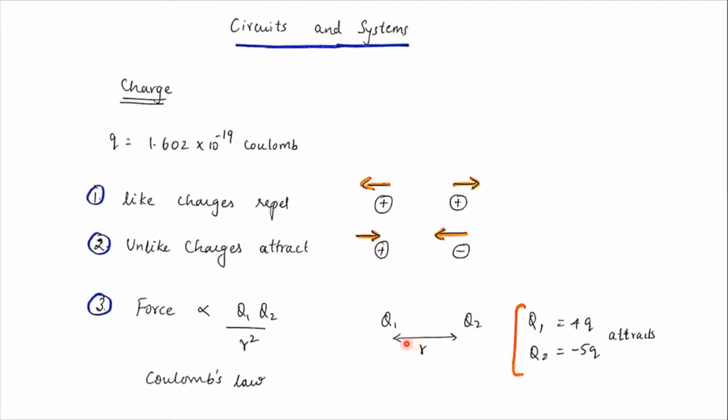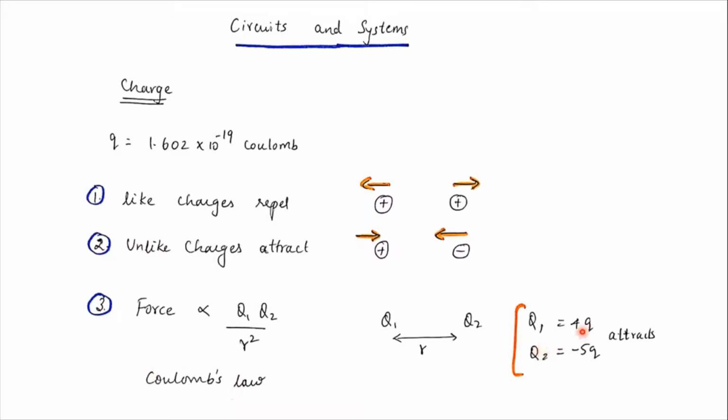Then the force exerted by Q1 on Q2 is proportional to the magnitude of the charge Q1 times the magnitude of the charge Q2, divided by the distance squared, r². Here r is the distance between Q1 and Q2. Coulomb's law explains how much the force will be and what the force depends on.